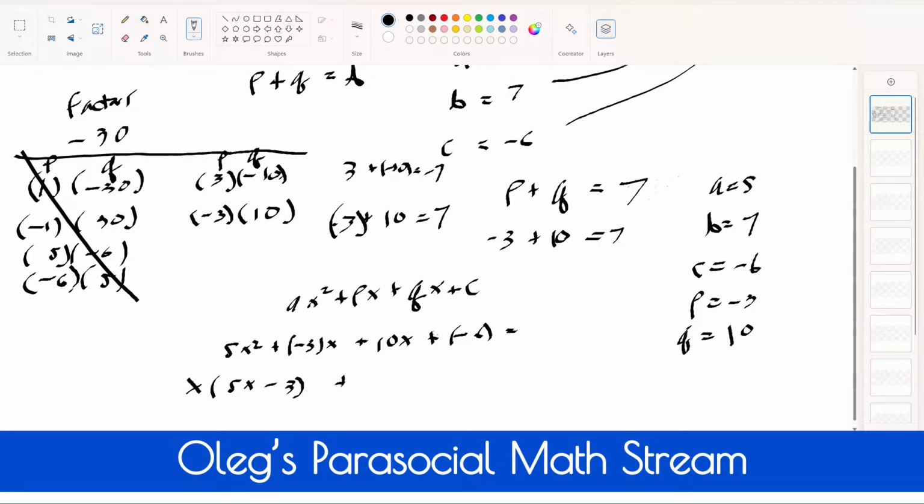And over here, 10 and 6, we can pull a 2 out of there. And that gives us 5x minus 3. Oh, look at that. The problem has solved itself. So now we have 5x minus 3 times x plus 2. Beautiful. And if you want to check our work, we're going to multiply it out.